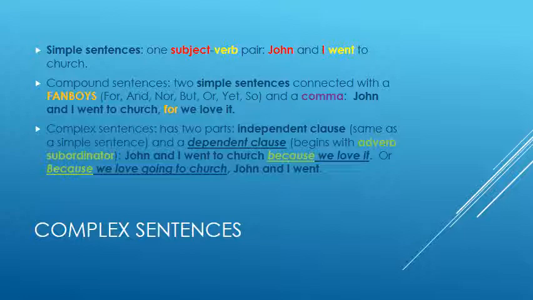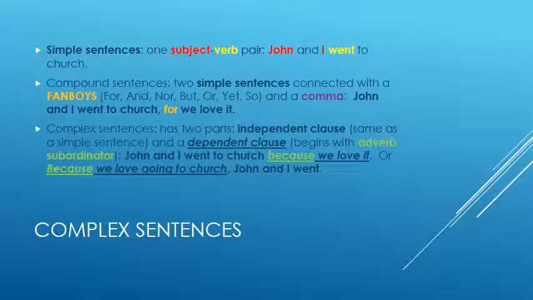But it also has a dependent clause, and this can be a little bit confusing. But what a dependent clause is, it's a sentence that begins with an adverb subordinator, okay? I know that that's a big and confusing word, and unfortunately we need to use these words because they're the only words that are out there for them. But basically, an adverb subordinator tells the reader that you're going to answer the question of when, why, or where, or how, those sort of things.